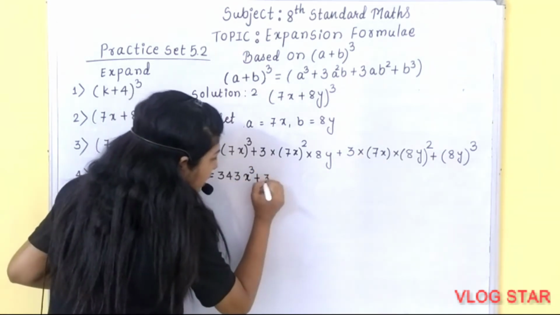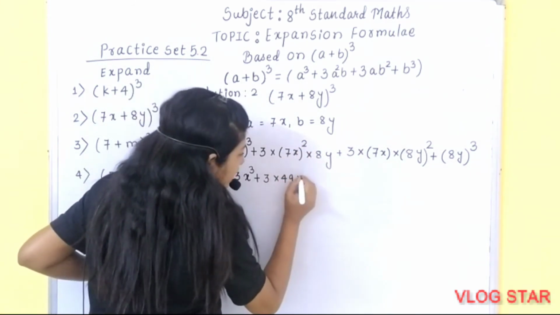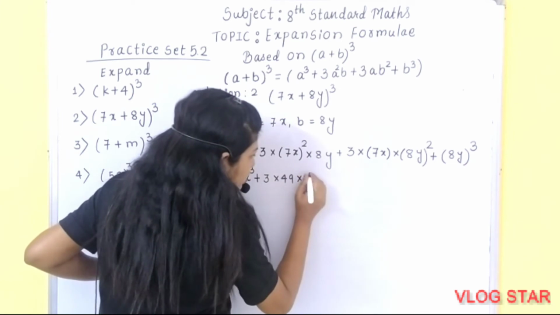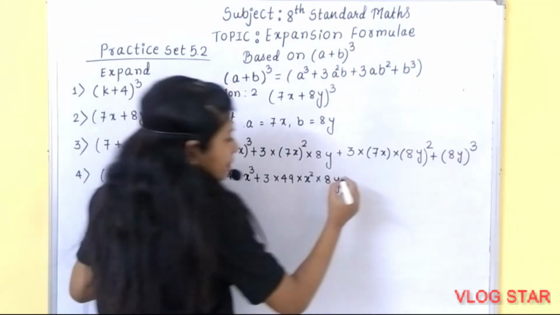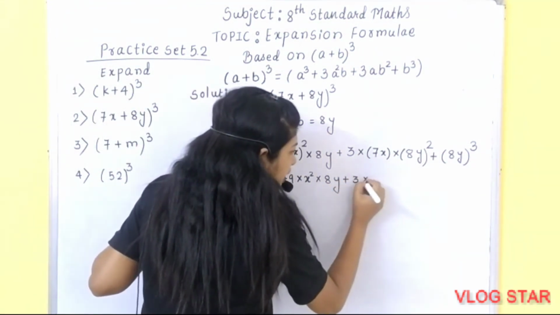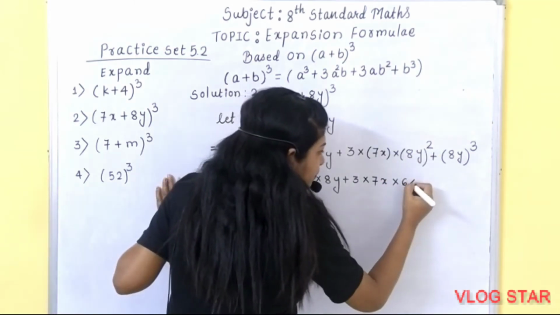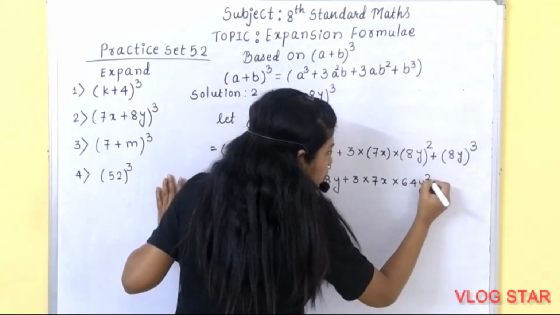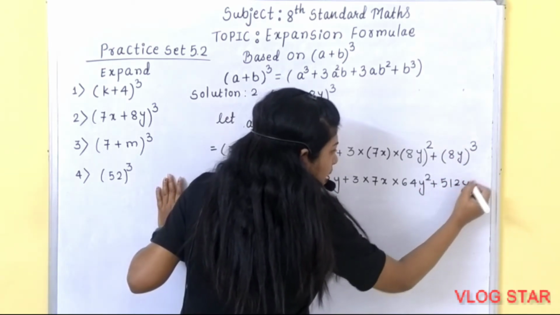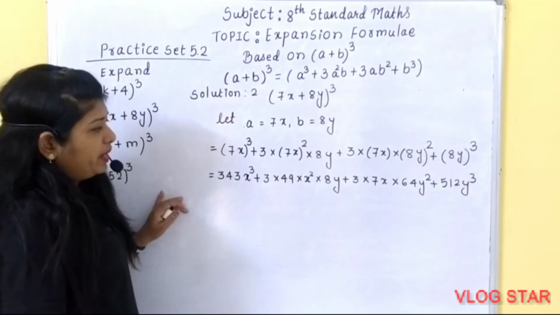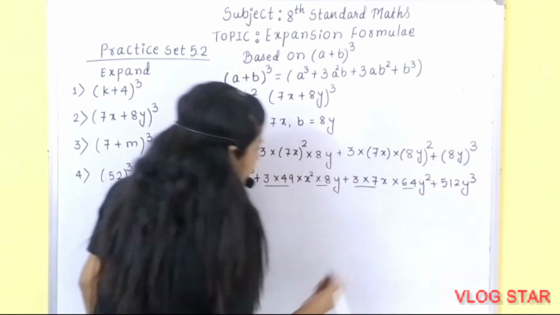Plus 3 into 7 square is 49 into x square into 8y, plus 3 into 7x into 8 square is 64 y square, plus 8 cube is 512 y cube. Am I right? Now what we need to do? First we need to perform the multiplication.